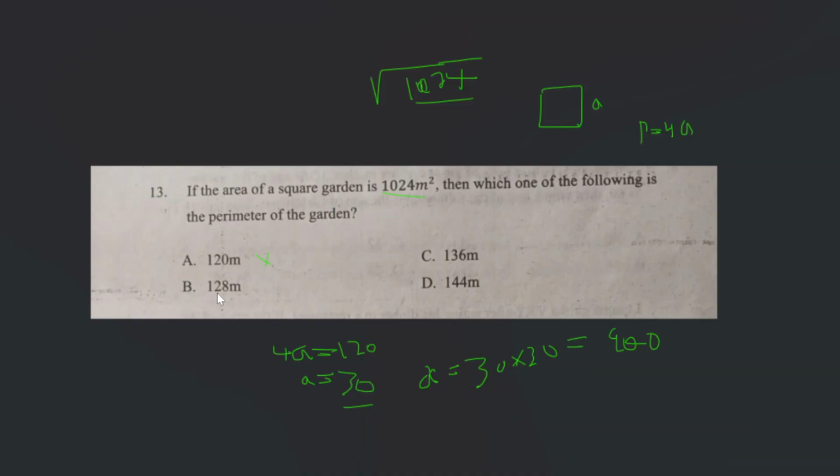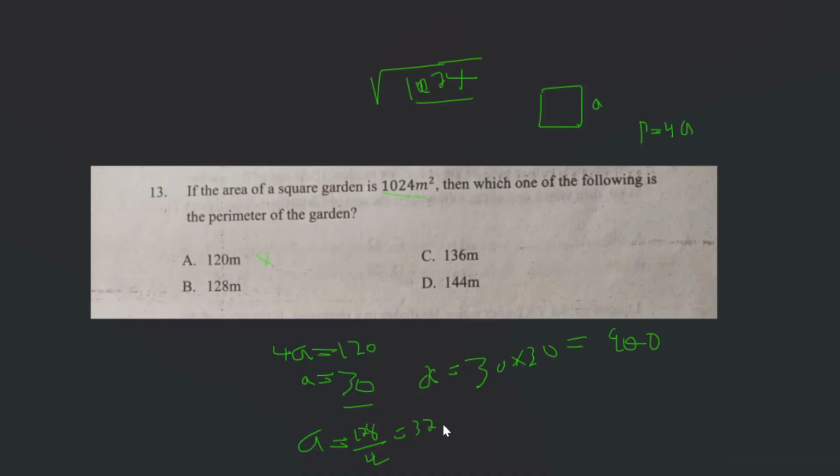So let's take 128, and we're going to do the same, like 128 divided by 4. This is going to give us 12 divided by 4 is going to be still 3. 8 divided by 4 is going to give us 2.